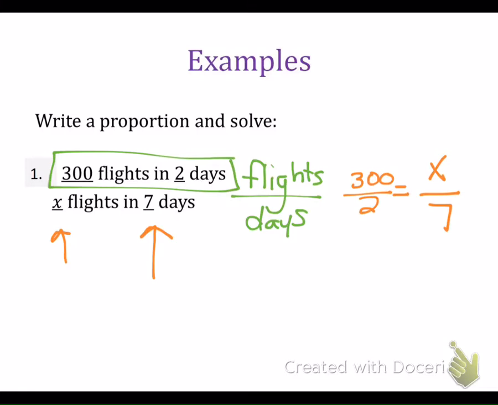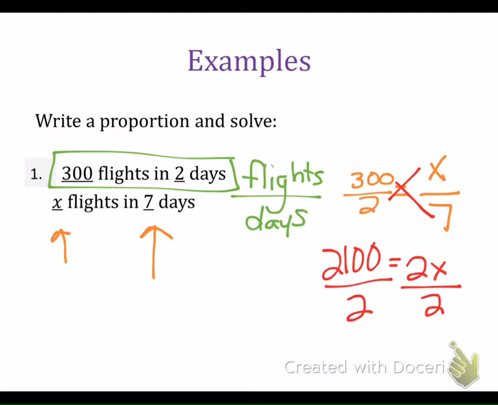So 300 times 7 is equal to 2,100, is equal to 2x. Divide both sides by 2. X equals 1,050 flights. Don't forget your label on these.